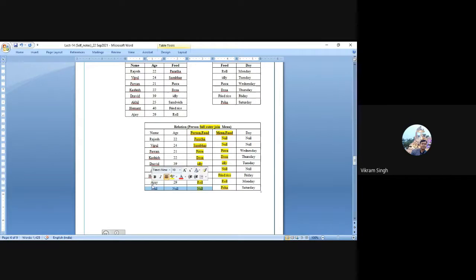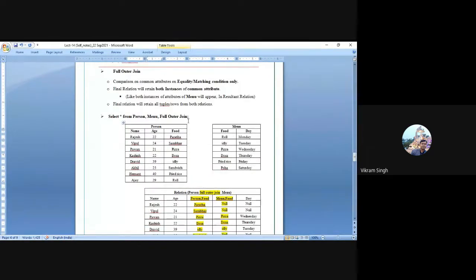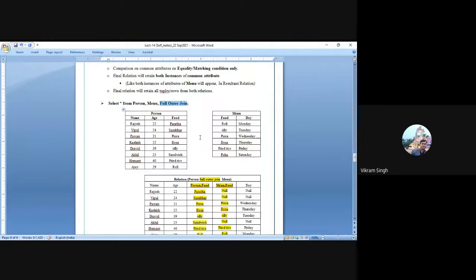So it is a kind of union of both the left and right outer join resulting tables, right? In very rare cases, we will be using outer join conditions, but you need to observe the query carefully. For a given query statement, you should be very careful while writing an outer join condition, right? But yes, naturally, in very few or rare cases, we have to use an outer join situation.